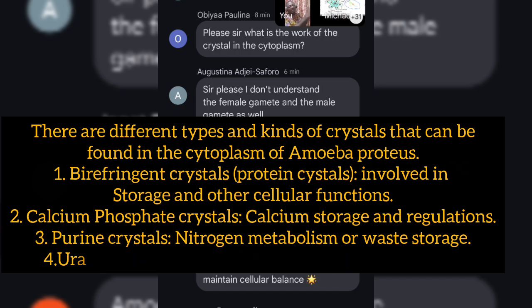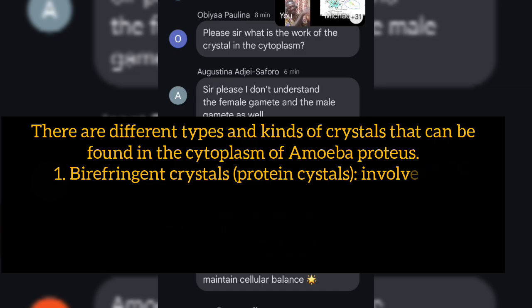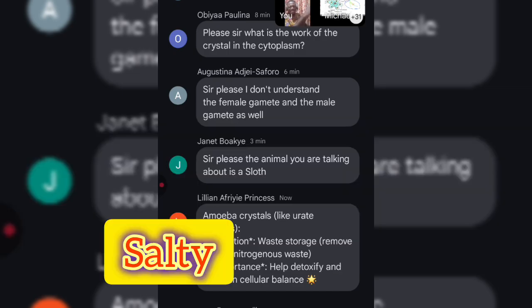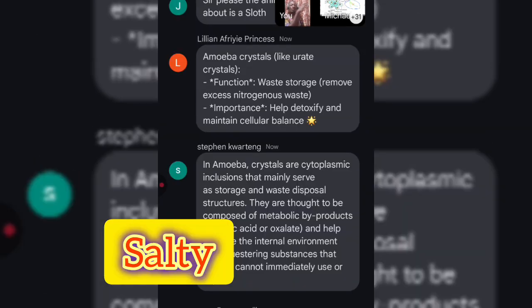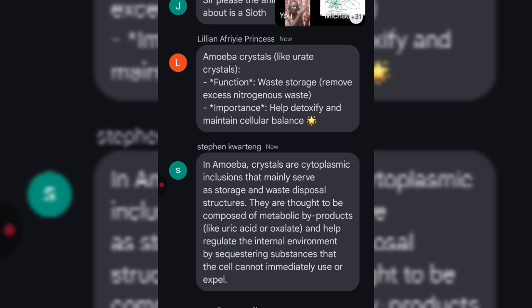There was a time I was working and I could taste that my sweat was very salty. If you are very dehydrated and working that way, you can feel some crystals on your skin. It might not be sand. Those could be the urea coming out as crystals instead of the liquid part.